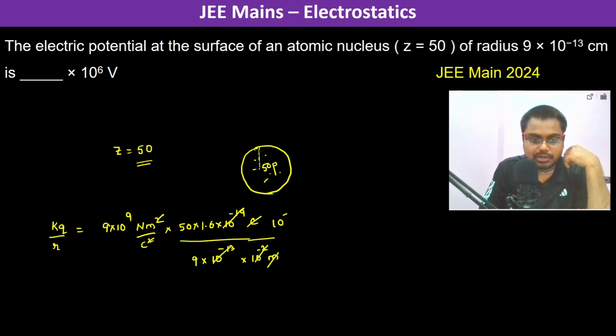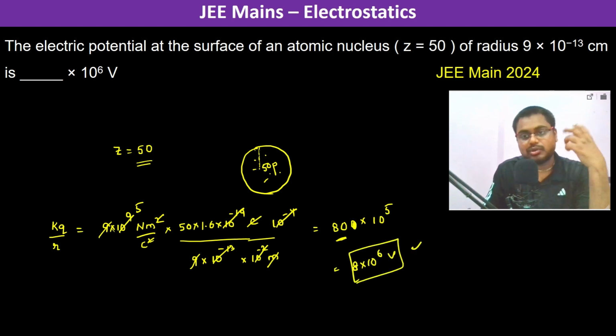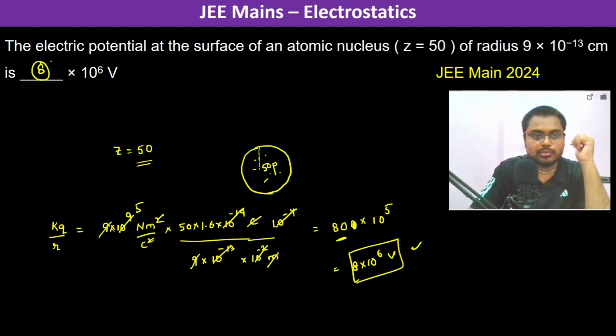This is 10 to the power minus 4, this is 10 to the power 5, and 9 is also gone. So 50 into 1.6 is 80. 80 into 10 to the power 5, so this is going to be 8 into 10 to the power 6 volts. It's quite huge. Therefore the answer is going to be 8.